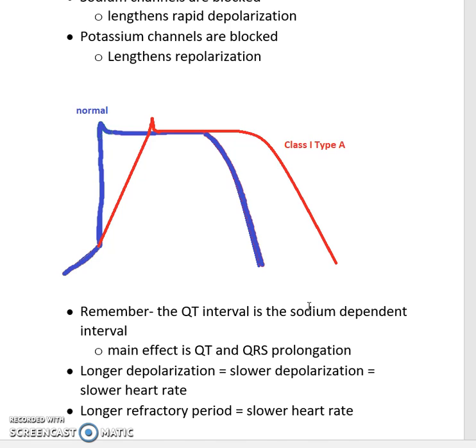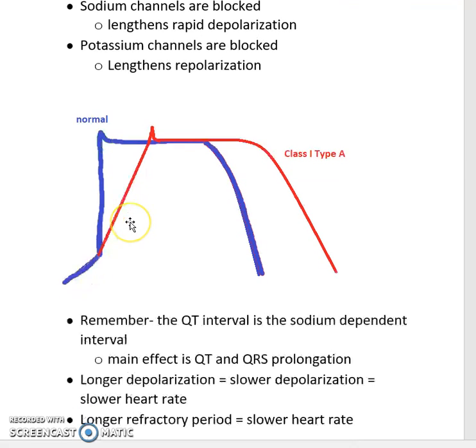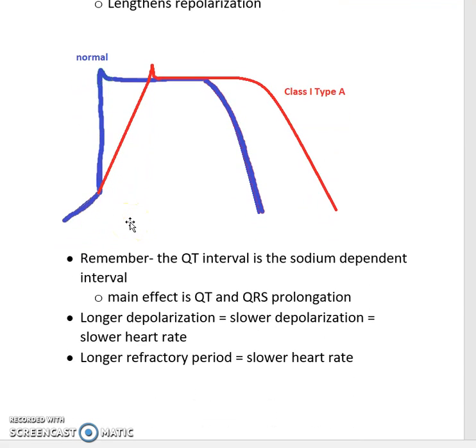So where does this have an impact? Well, a lengthened depolarization of sodium channels will widen the QRS complex because it takes more time to depolarize. And a lengthened repolarization will mainly impact the QT interval because, again, it takes longer for repolarization to happen.